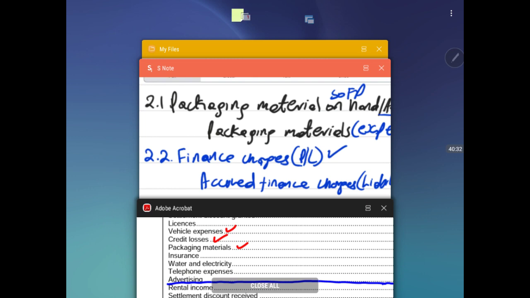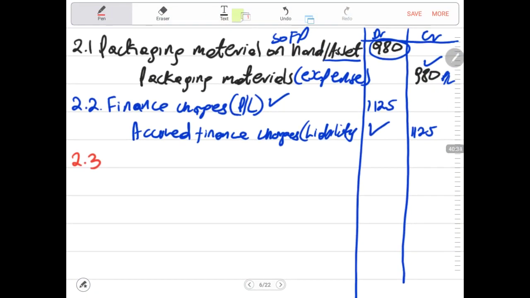And the double entry will be, because we have prepaid advertising, so now we have to say prepaid advertising expense. Prepaid advertising expense. And it is an amount of 400.